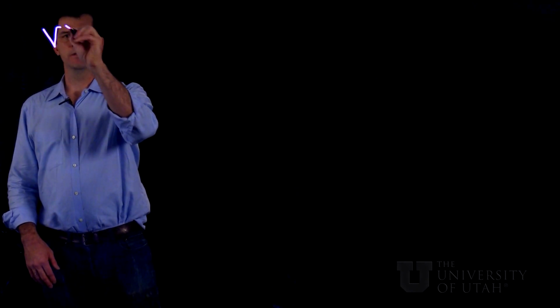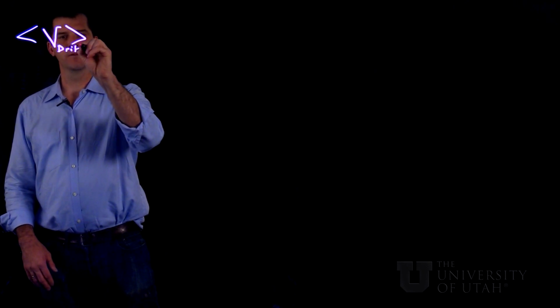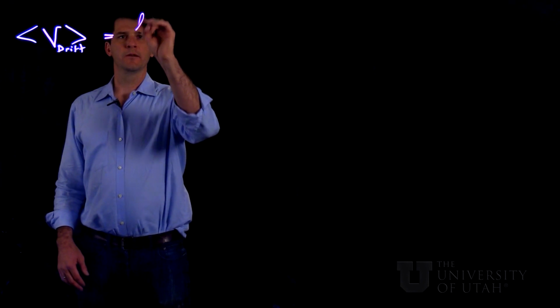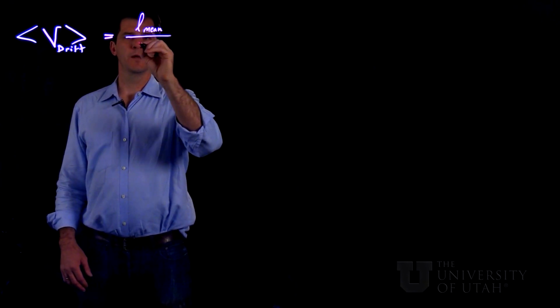So what we have is that the V average, and this turns out to be called the drift velocity, can be expressed as some average distance traveled over some average time.